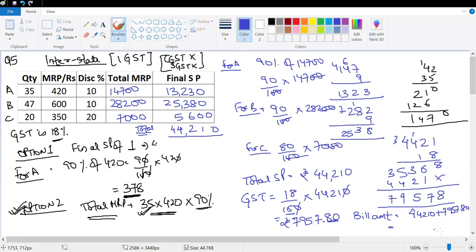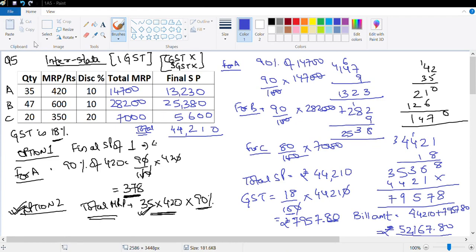That's 52,167.80. Difficult? No, not at all. Just that it takes time to do these calculations.